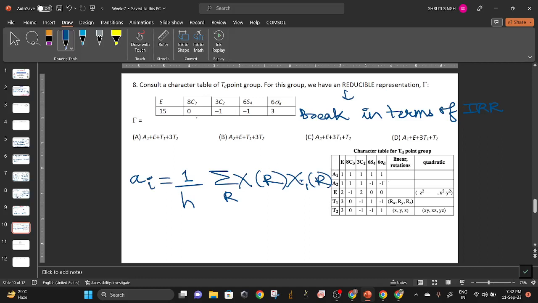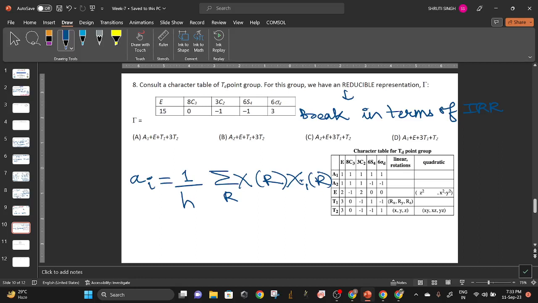So chi_R means these characters, and chi_iR means the characters from this character table. So a_i means the contribution of the ith irreducible representation.